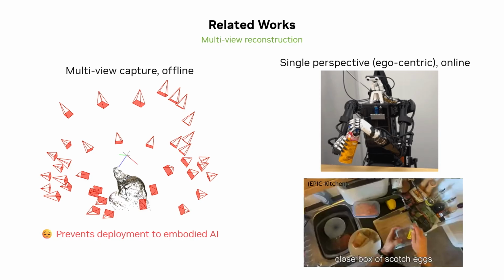And for some applications, like embodied AI, we're usually dealing with a single perspective with the egocentric view. We're also processing over a live camera stream, which is processing online. And there are many dynamics. For example, when I'm manipulating my clothes or manipulating objects, I want to live estimate these dynamic point clouds.